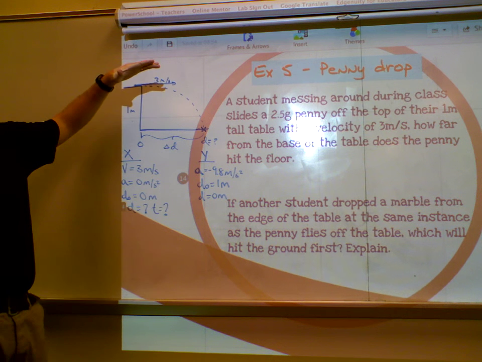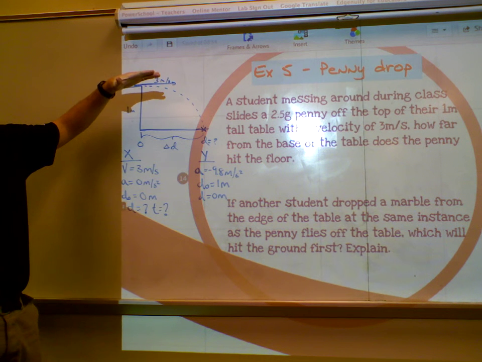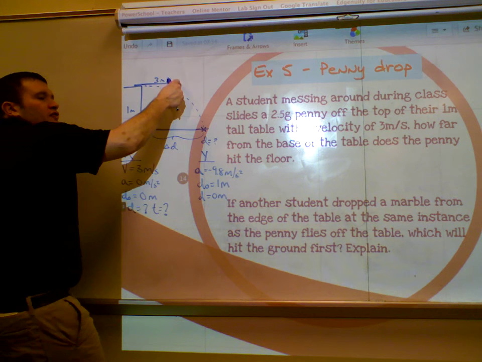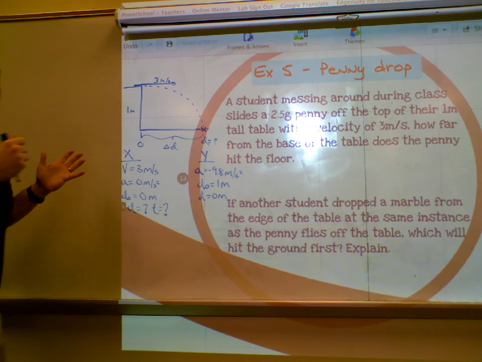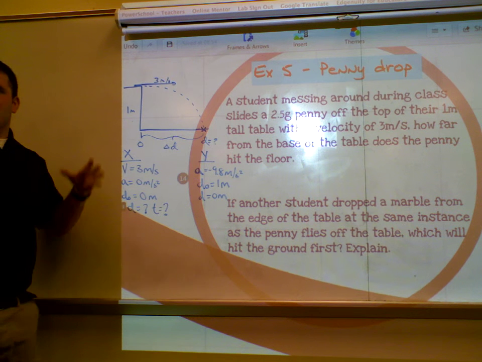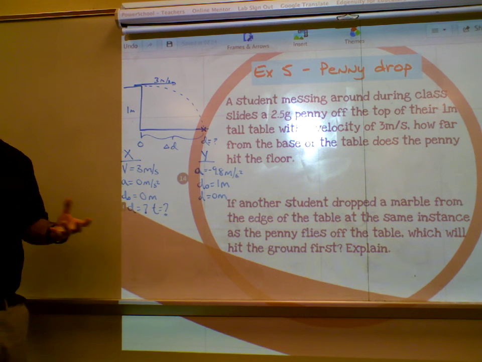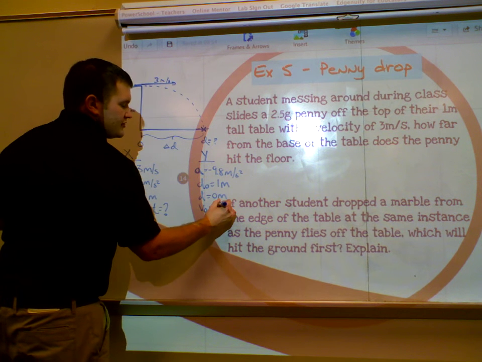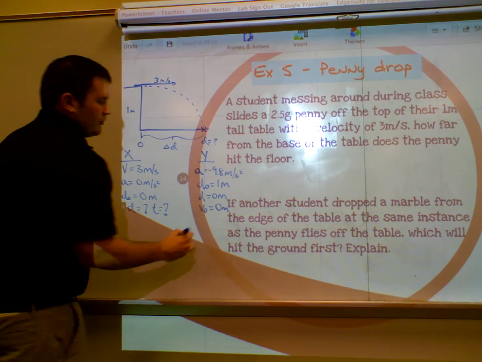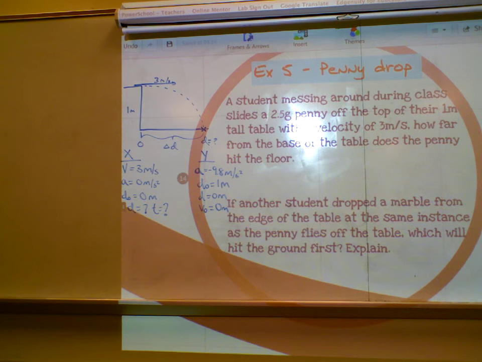What's our initial y? What's the y component of this? It's just a straight line. So what's the y component? 0. So v naught in the y direction is 0.